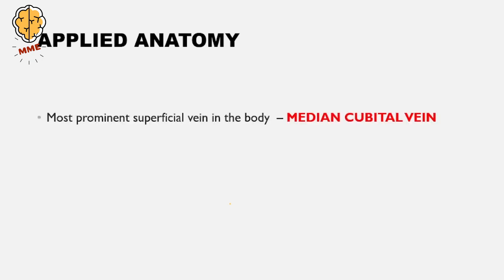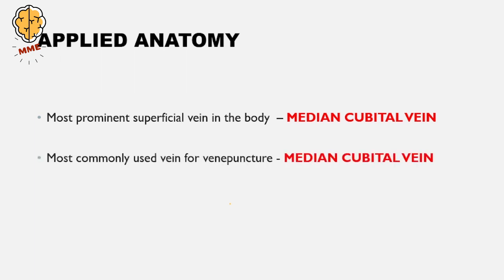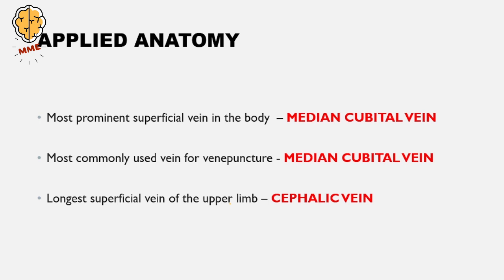So next we will go for the applied anatomy or the clinicals. The most prominent superficial vein in the body is the median cubital vein. The most commonly used vein for venipuncture is the median cubital vein. The longest superficial vein of the upper limb is the cephalic vein.